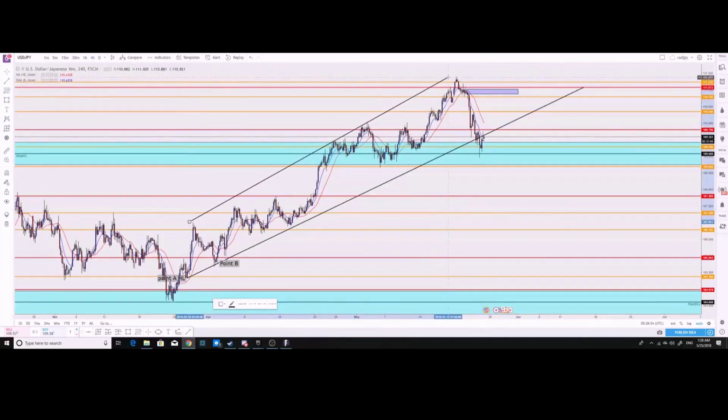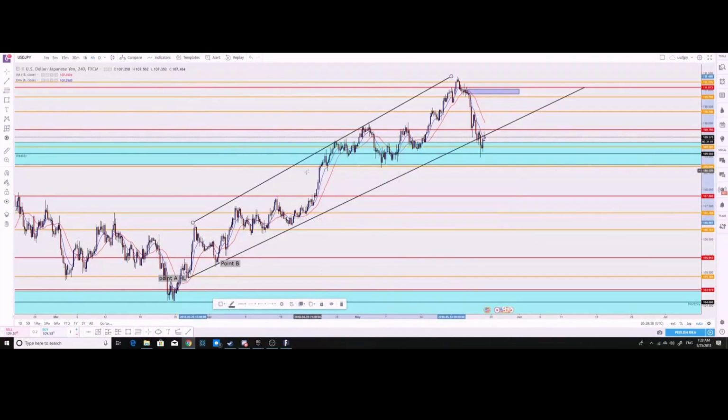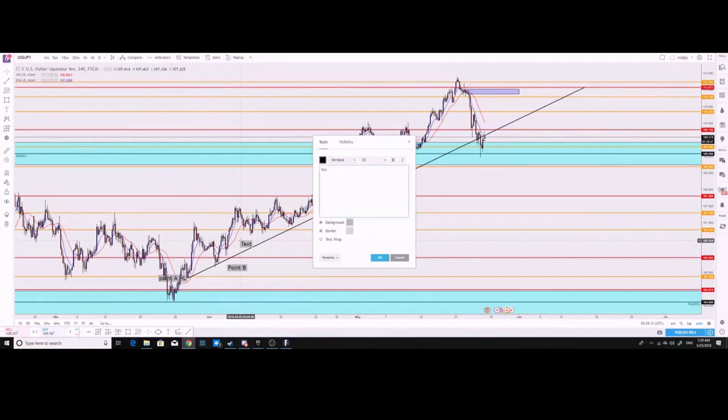It just doesn't make any sense at all. I've seen a trend line like this. To me, it just doesn't make any sense. This isn't even proper enough to be a channel. But anyways, anything above this trend line is pretty much your buy zone, meaning it's on an uptrend, right?